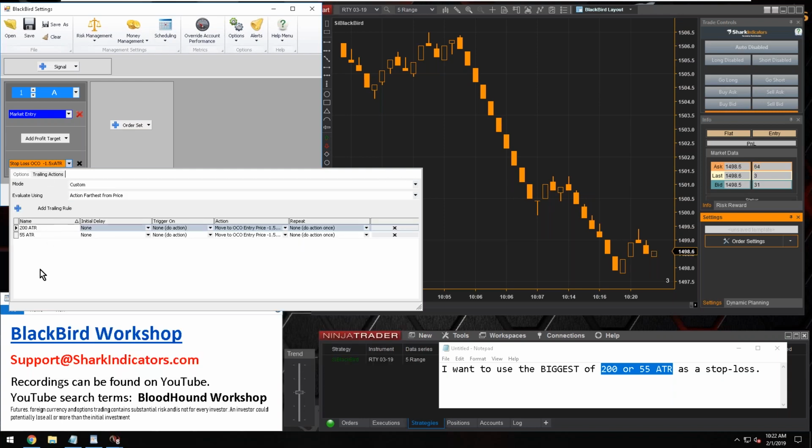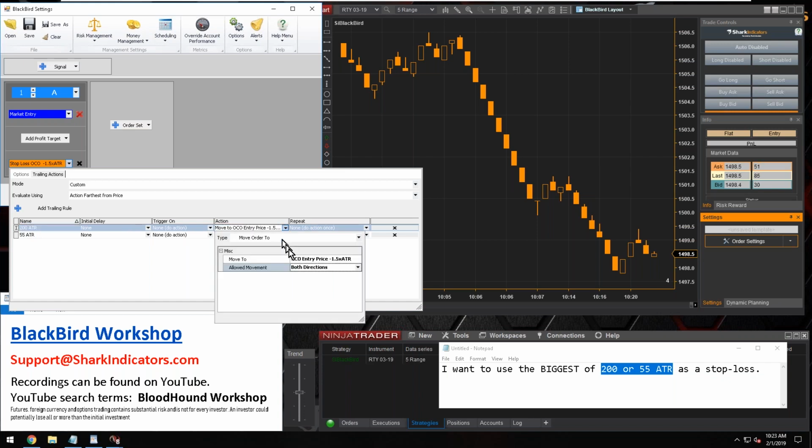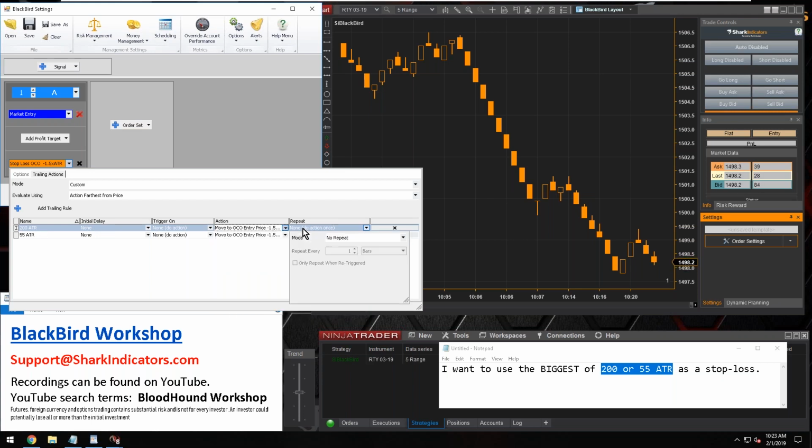And then BlackBird goes in here and evaluates both of these trailing rolls, and it's determined that the 200 period ATR will actually calculate a stop loss further away. So the 200 ATR trailing roll gets activated. It fires off, so its repeat is used up.